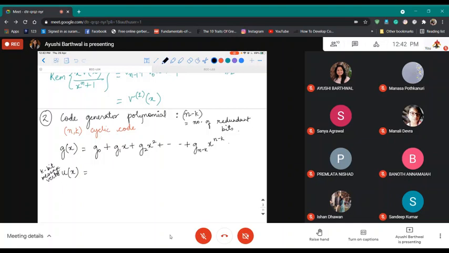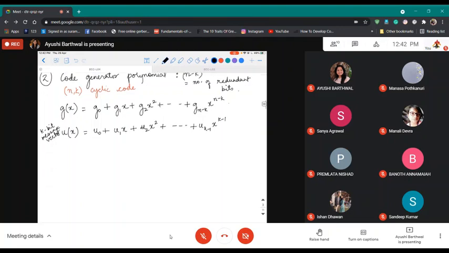So we denote it by u(x), which is u0, u1x, u2x square, up to u(k minus 1) x raised to the power k minus 1. And how do we obtain all the code vector polynomials?